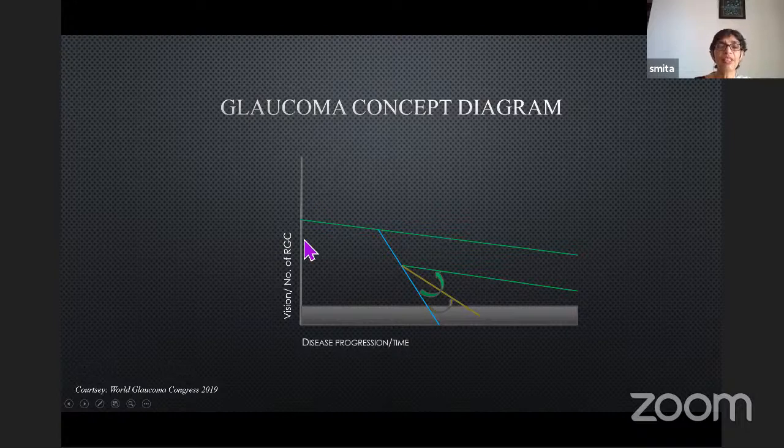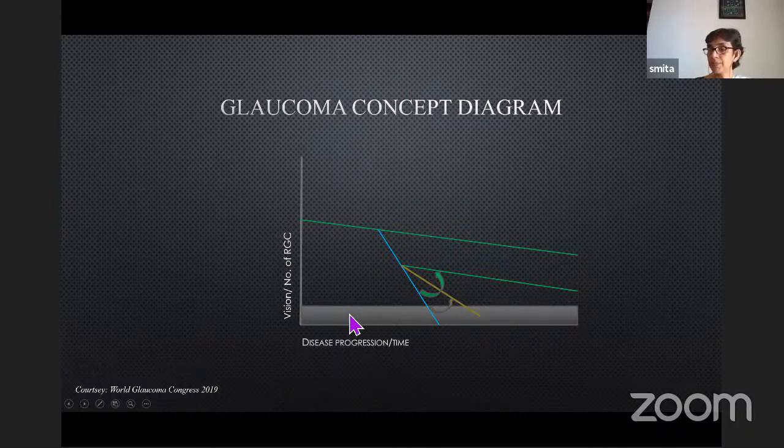So we are born with a certain number of ganglion cells and we lose them at the rate of about 1 ganglion cell every 90 minutes, such that by 50 years of age, we have lost about 250,000 ganglion cells. And that is the normal rate of loss, and that is shown by the slope of this green line. When glaucoma occurs, as is shown by this blue line, it accelerates the process of retinal ganglion cell loss, and visual function very rapidly drops down to these disability levels.